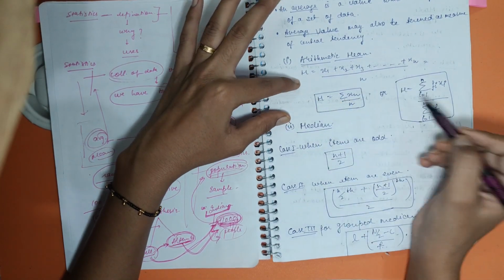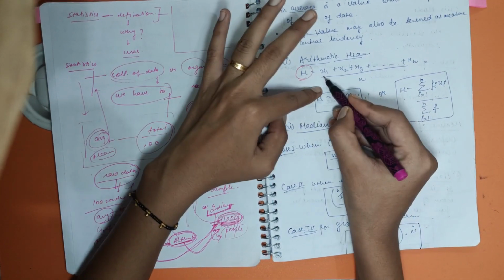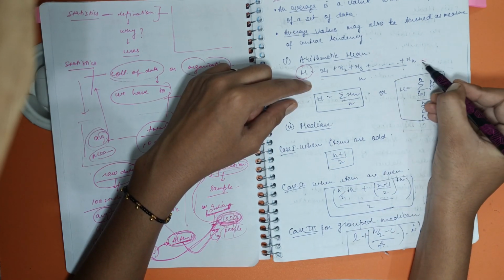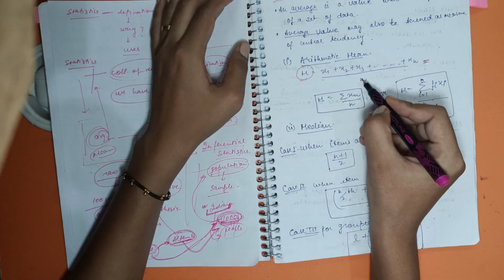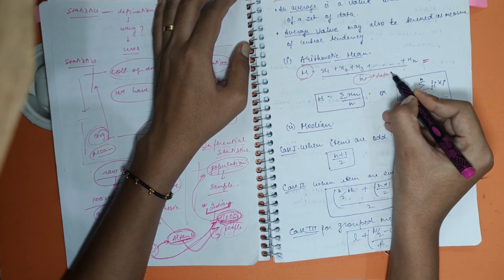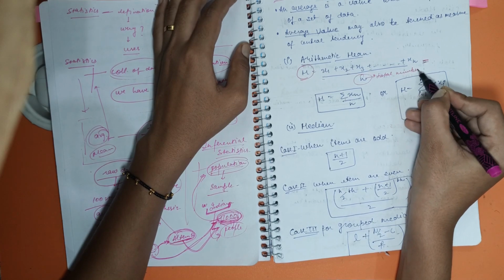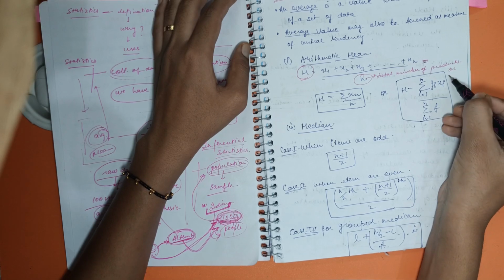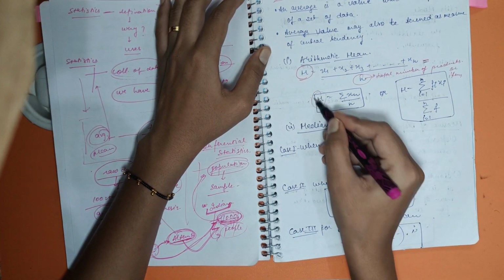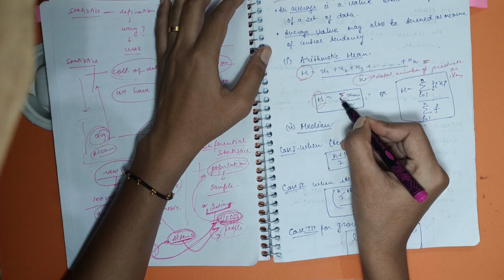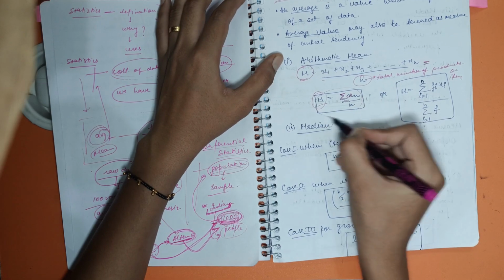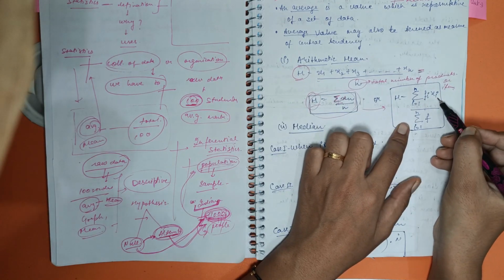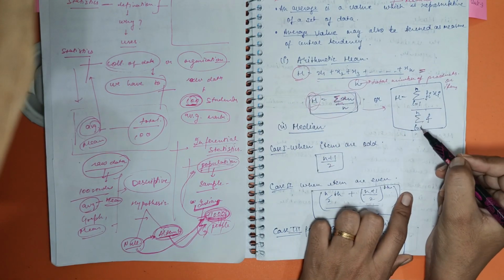Arithmetic mean is denoted by mu, and x1, x2, x3 is all the data we have been given, and n is the total number of items which we have been given. So mu is equal to the summation of xi by n, or we can say that mu is equal to the summation of fi into xi divided by summation of f.